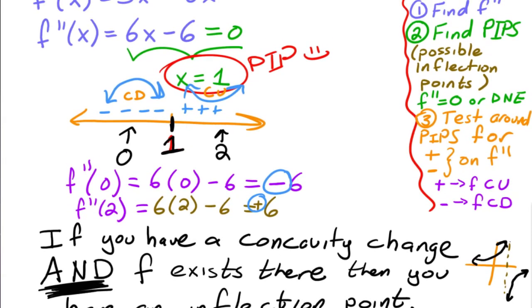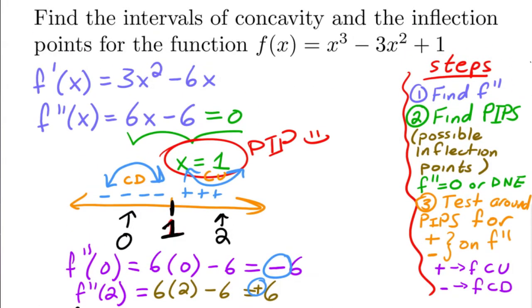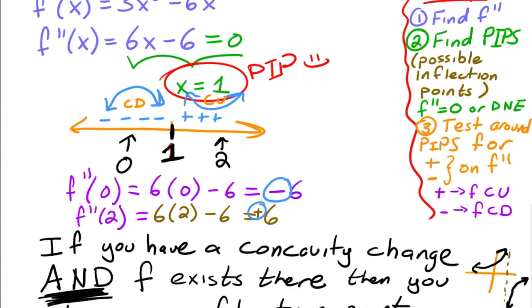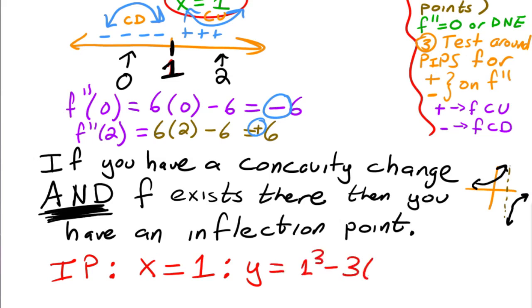Okay, so then all we need to do is check, okay, let's plug 1 into the function and see if it's defined. My function is x cubed minus 3x squared plus 1. So if I have an inflection point, IP, I would have it at x equals 1, and then y would equal 1 cubed minus 3 times 1 squared plus 1.